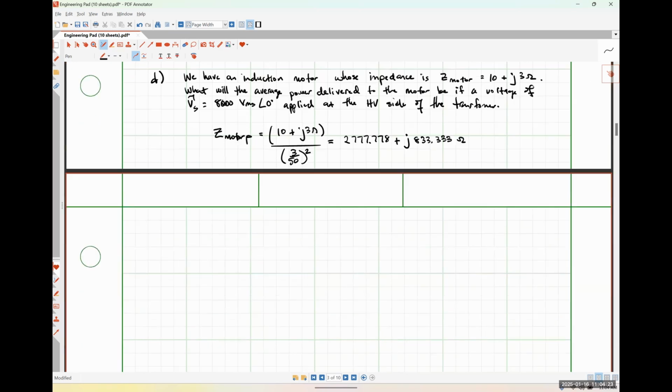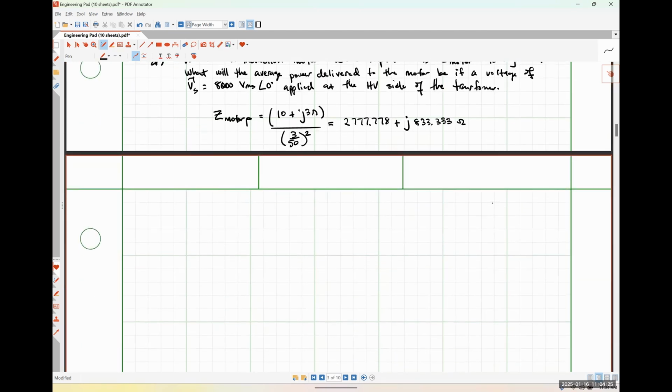Okay. So my new circuit that is describing what's going on here would be something like this. So I have 8 kilovolts, angle 0 kilovolts RMS.